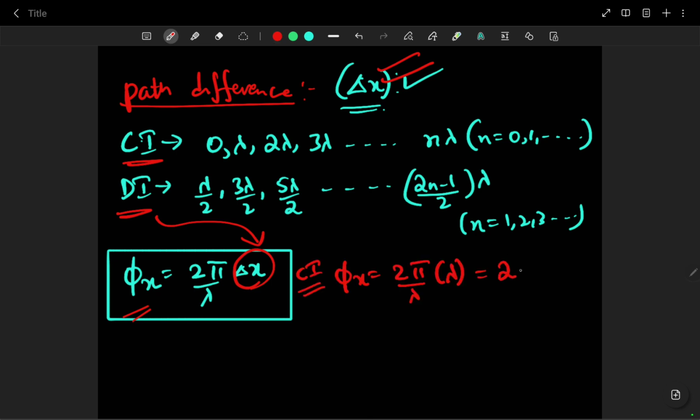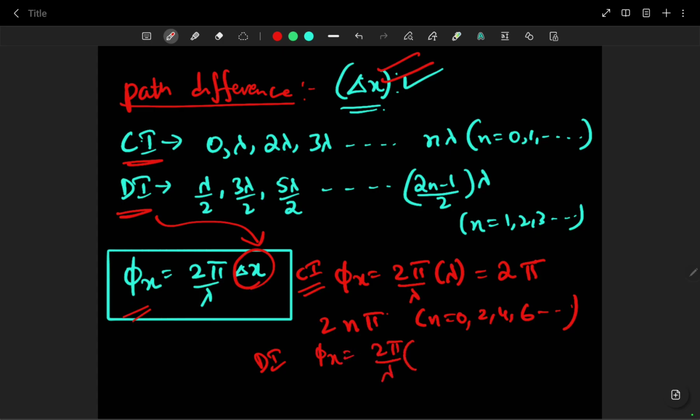So for example, here I'm trying to calculate the phase difference for constructive. You will see it occurring in the series of 2n pi only, where n can be 0, 2, 4, 6. For destructive interference, you multiply 2 pi by lambda with any of the delta x values.